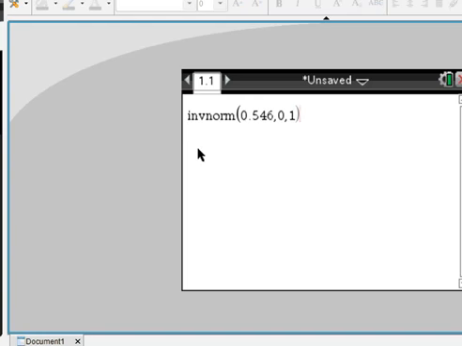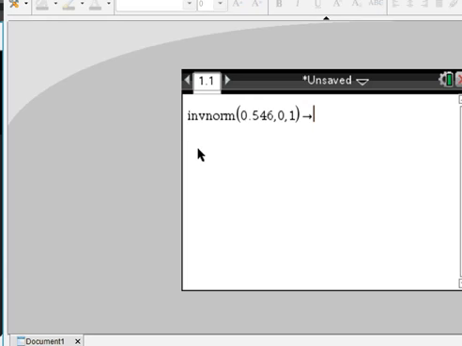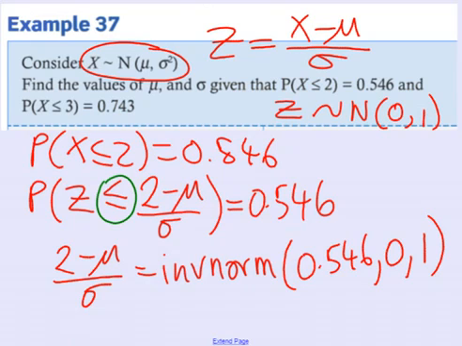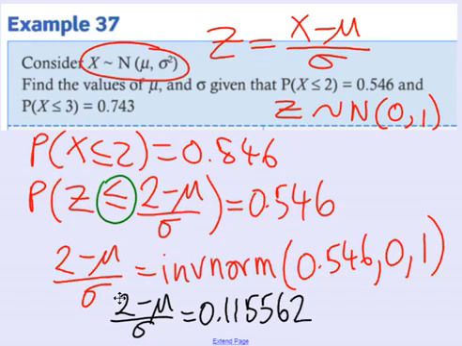I'm going to store that as A. 0.115562. So we have (2 minus mu) over sigma is 0.115562, which I've stored as A.